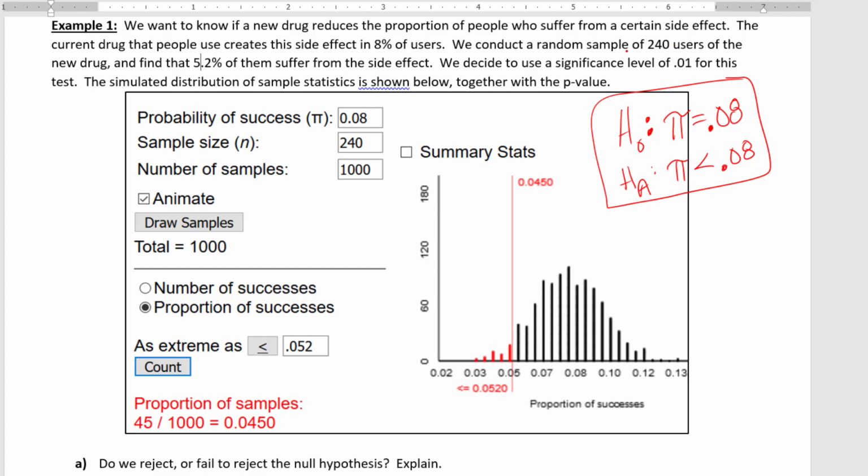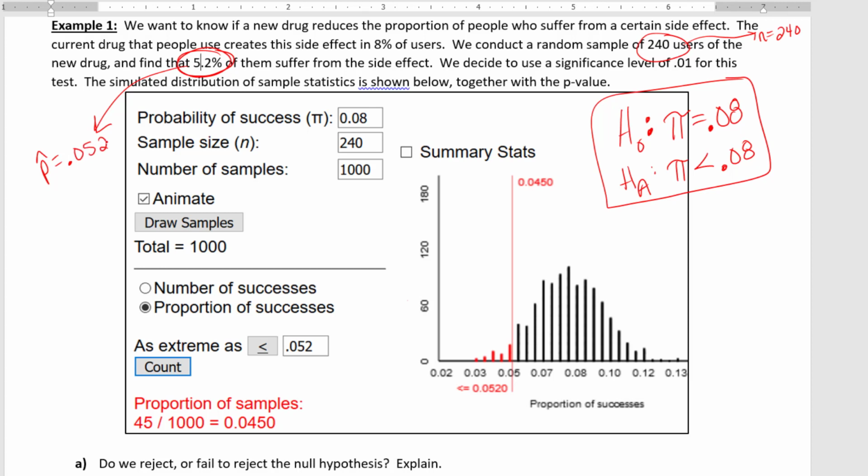We conduct a random sample of 240 users. So that's telling me N, the sample size, is 240. We find 5.2% of them suffer from the side effect. So that's saying our sample statistic is 0.052.